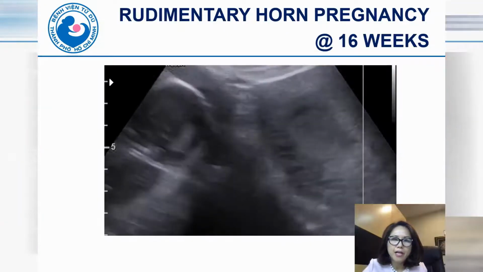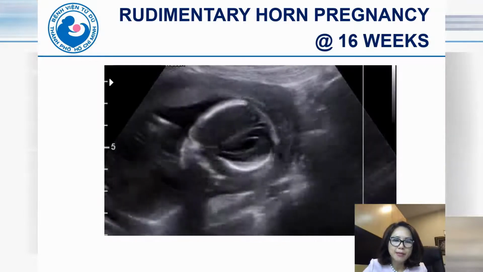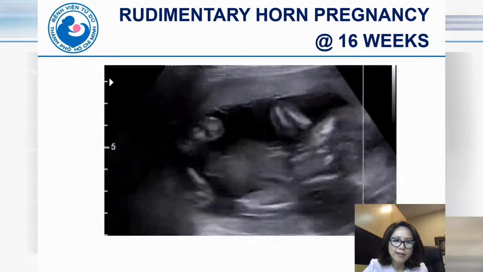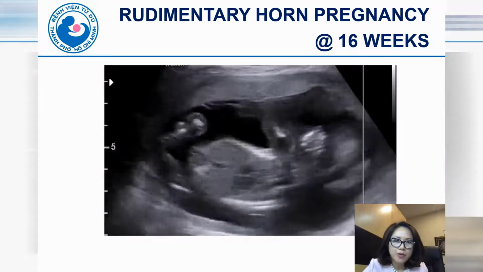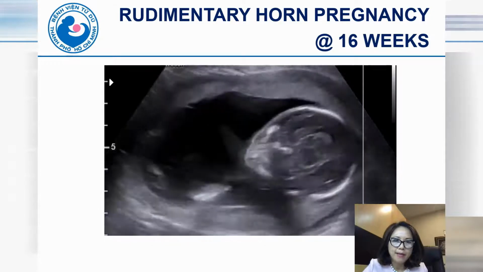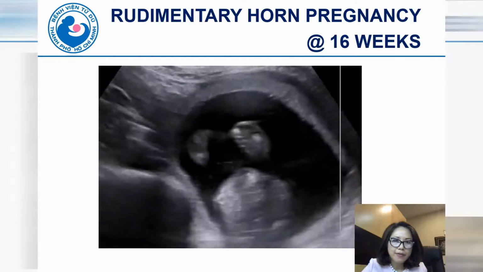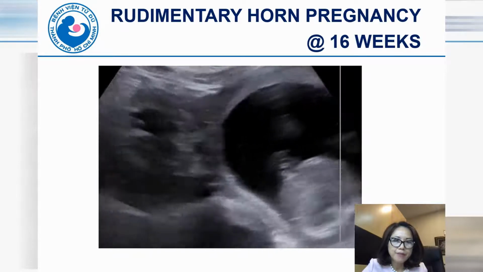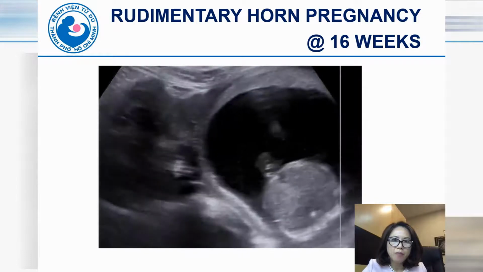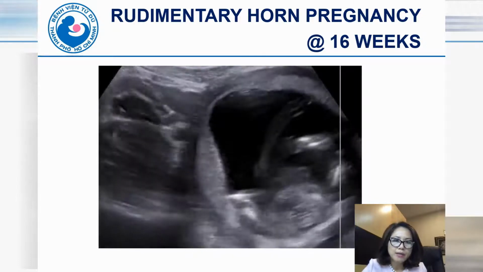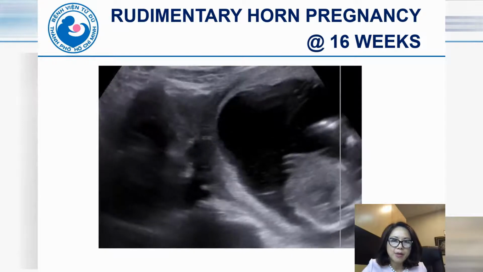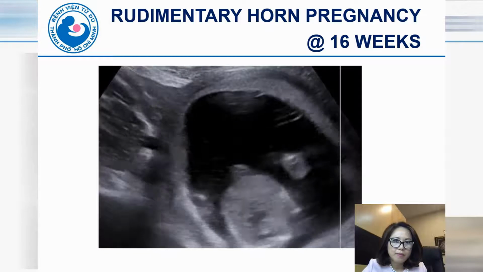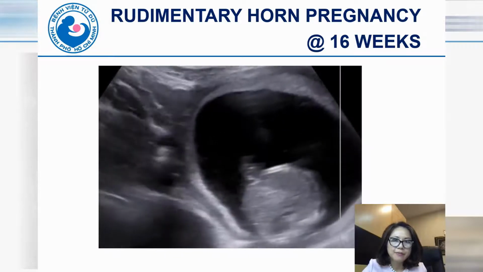And this is another case of rudimentary horn pregnancy. The main unicornuate uterus is on the left side, and on the right side you can see the rudimentary horn with a pregnancy inside. If we look carefully at the myometrium around the fetus, we can confirm this is a rudimentary horn pregnancy. We can exclude abdominal pregnancy, because in abdominal pregnancy we cannot see myometrium around the fetus.